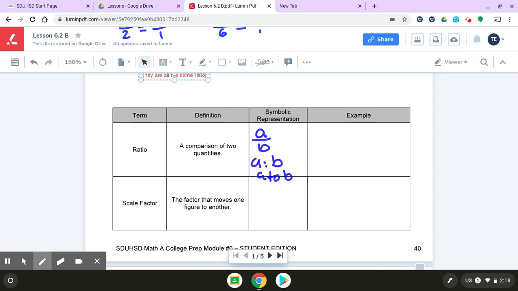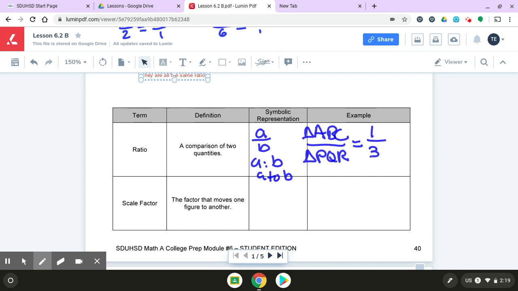So if I said the ratio of ABC to PQR, I'm putting triangle ABC on the top and triangle PQR on the bottom. And I'm saying, hey, ABC would have a 1, and whatever's on PQR is 3 times bigger. So the ratio between ABC and PQR is 1 to 3.